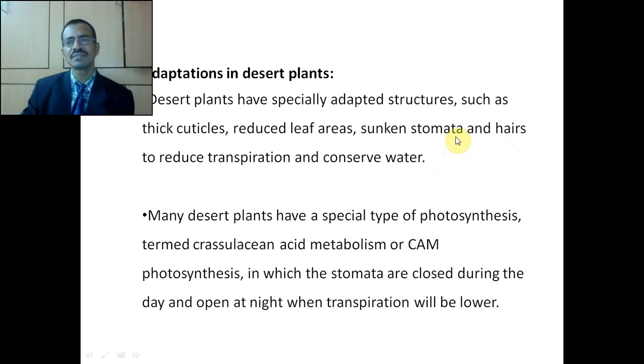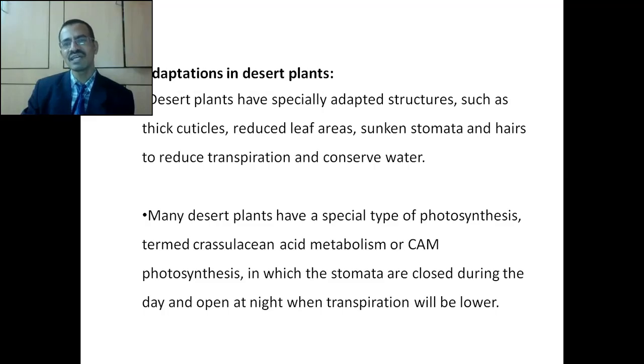So opening of the stomata is a prerequisite for the survival of the plants because plants need carbon dioxide for the photosynthesis, which enters into the leaves through the stomata. So to carry out the photosynthesis, plants need carbon dioxide which must enter through the stomata when they open.